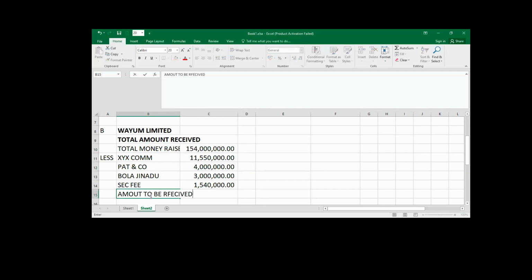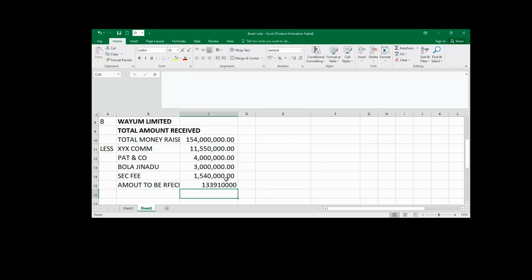How much do we have? 133,910,000. So the amount to be received will give us 133 million.